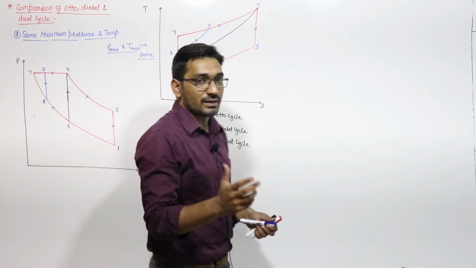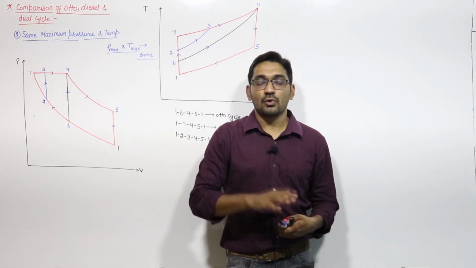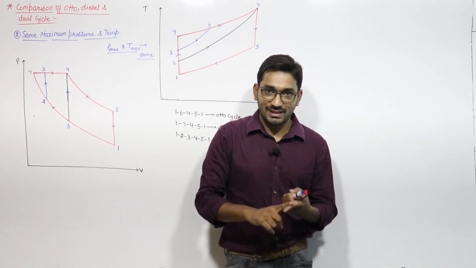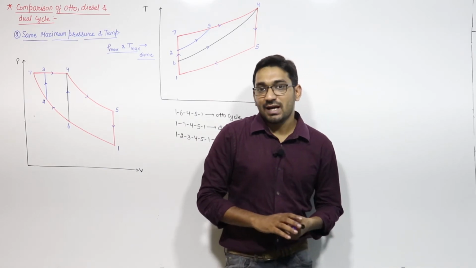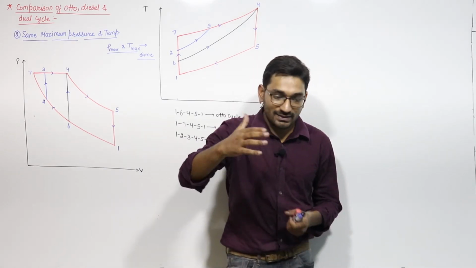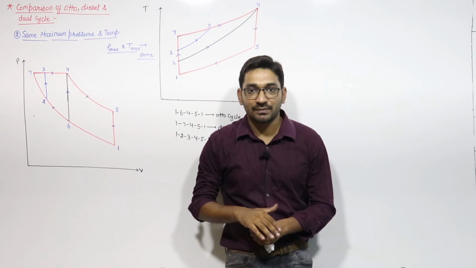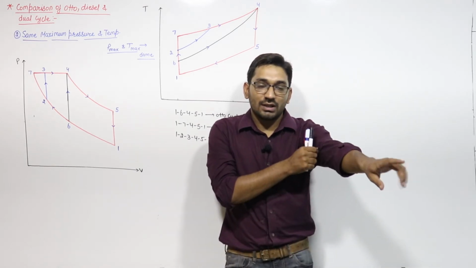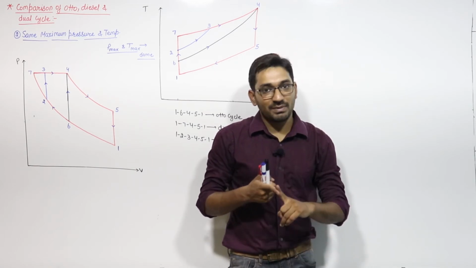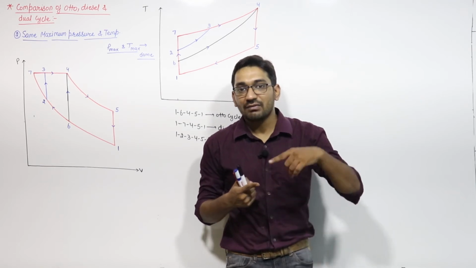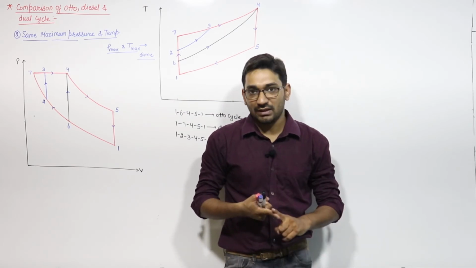Now, the most important thing you need to know is that in the cycle we have four processes: compression, heat addition, expansion and heat rejection. In the compression process, pressure is increasing and temperature is increasing. After compression we have heat addition, in which pressure and temperature are increasing.